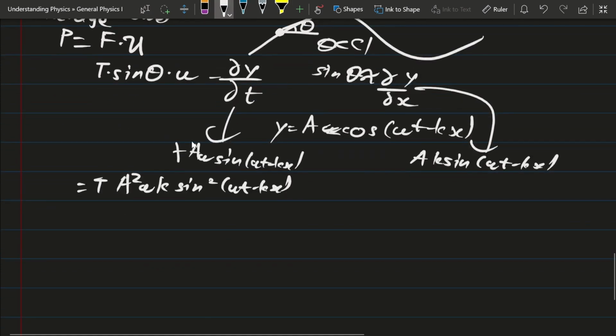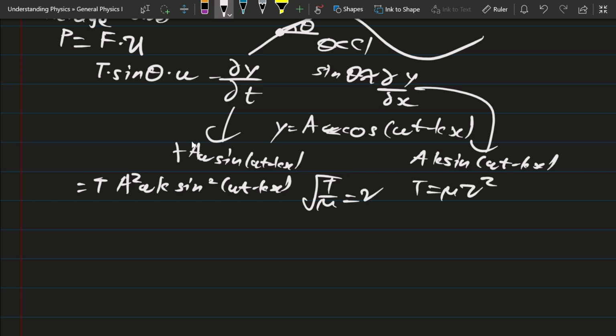What about the tension? Do we know about the tension? Well, last time we already figured out that the square root of T over mu is v. Therefore, we could write T to be mu v squared. So we could write this as mu v squared A squared omega k sine squared omega t minus kx. Another thing is that we know that v times k is omega.